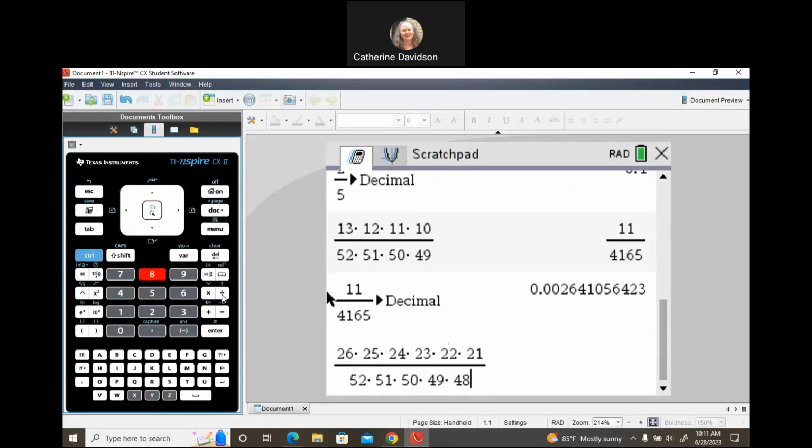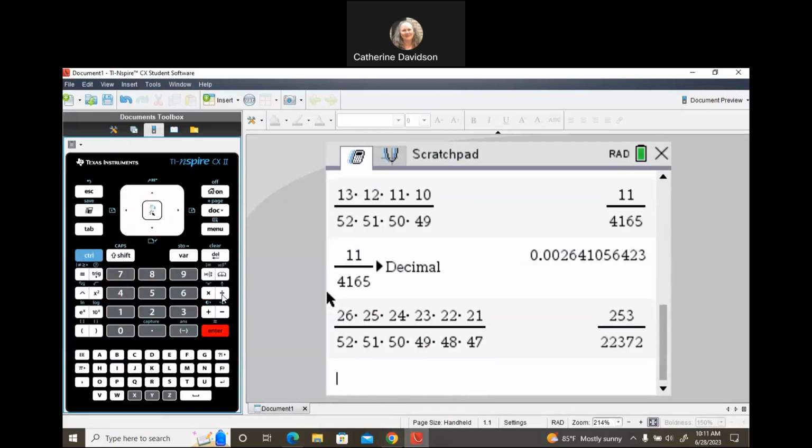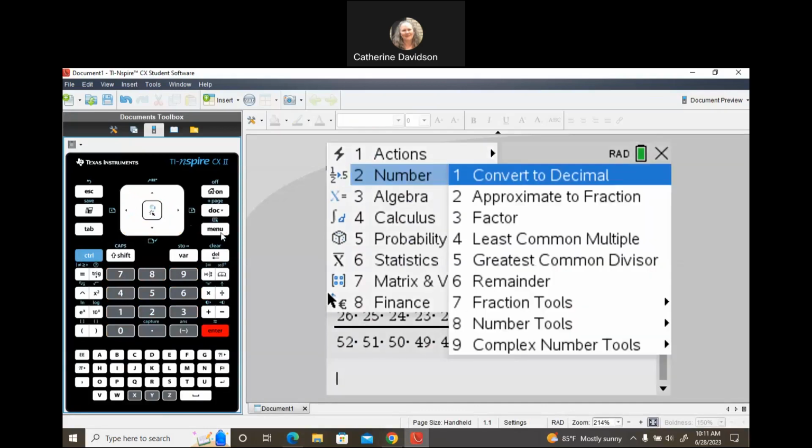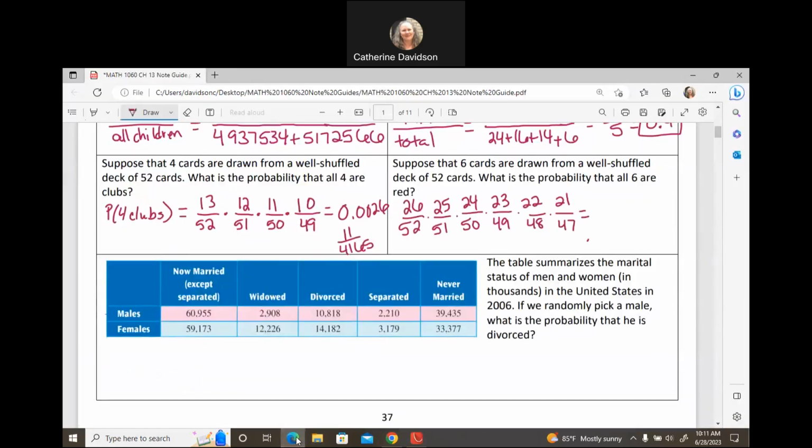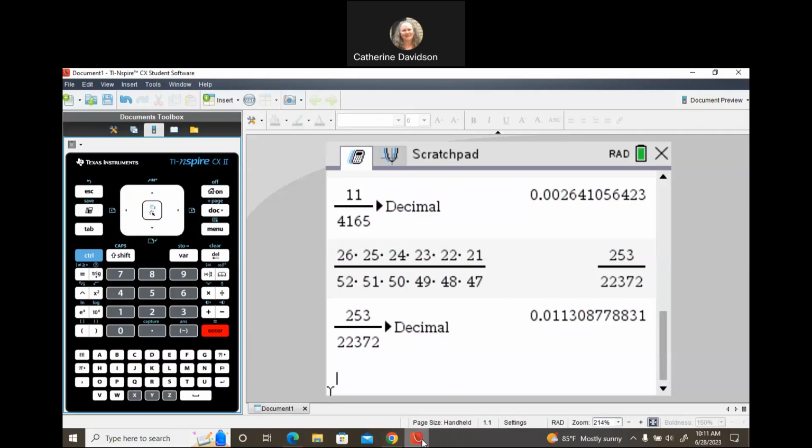Decimal, let's do 0.011. And let's see what the fraction was again. 223. Oops.